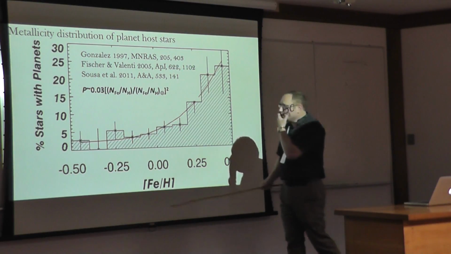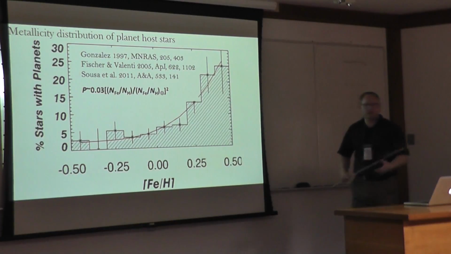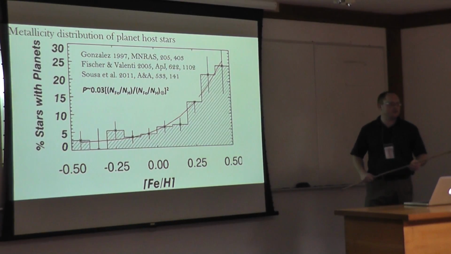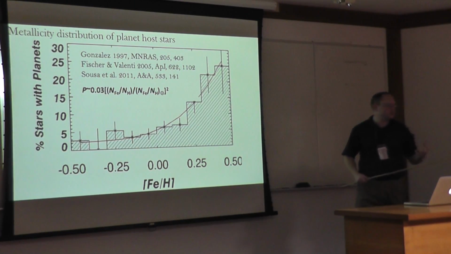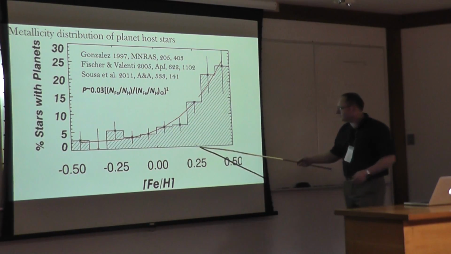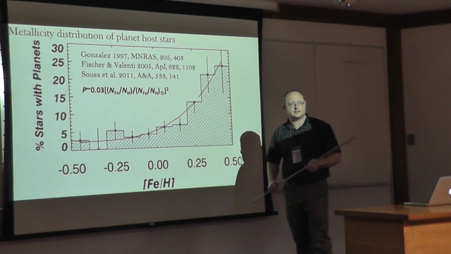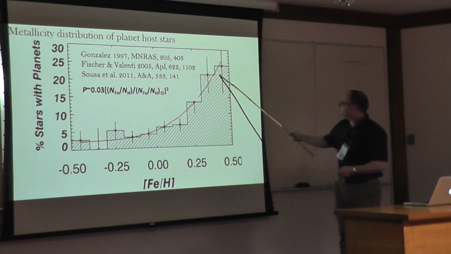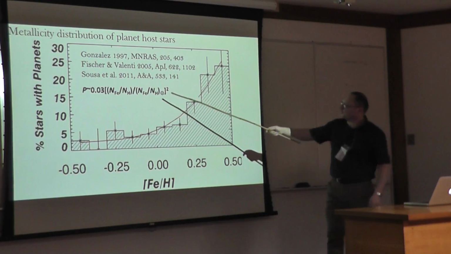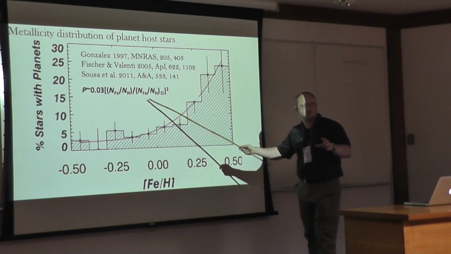Or is it really that when we look at it, there's a smooth functional form that tells us that this is through formation, there's a formation mechanism that drives this? And it turns out that's the case, that when we look in the highest metallicity bins, we see basically this power law function where the probability goes as the number of iron atoms squared.